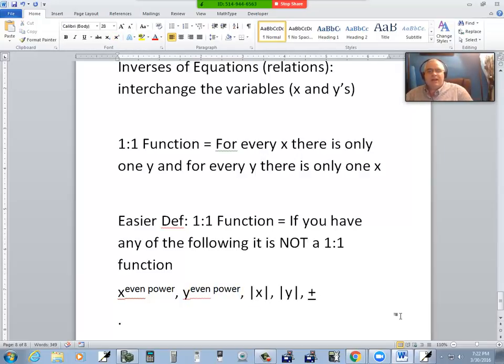Okay, those are the items you cannot have unless there is a condition put on x.